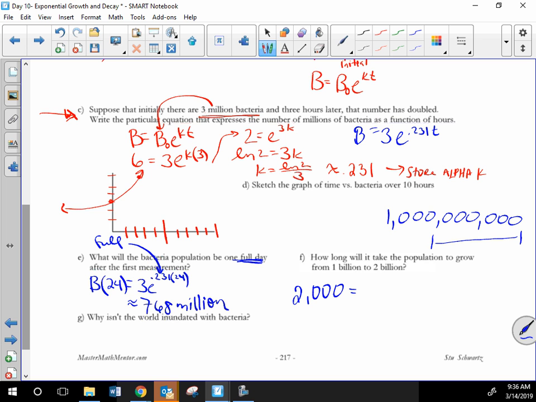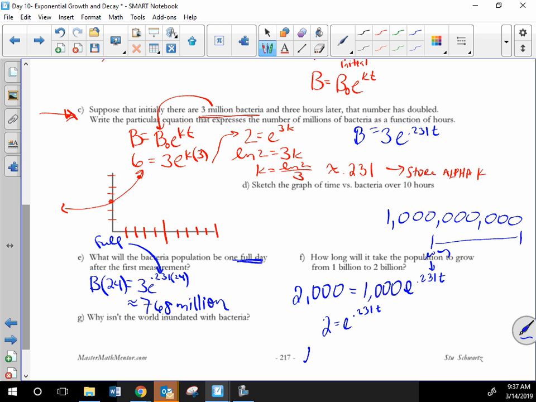And now our initial is 1 billion, so 1,000 millions. Our rate is still the same, e to the 0.231 t. Again, this is the long decimal. When I divide, do you guys agree I get 2 equals e to the 0.231 t?